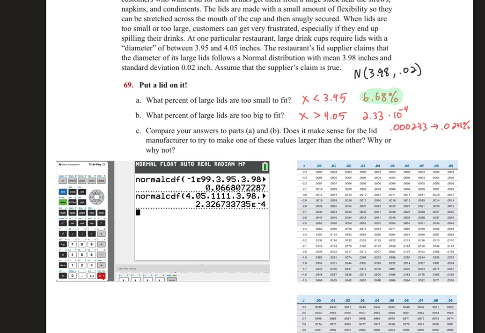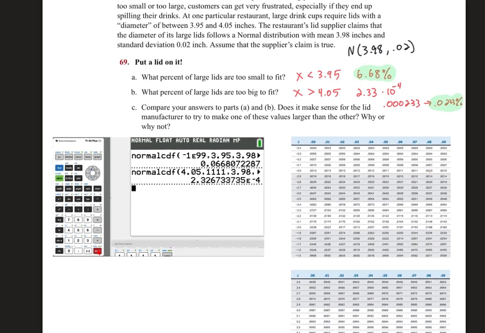So maybe realistically, you'd rather there be lids too small rather than too big. So maybe this is a good thing. There's a higher percentage that are too small, and not that many that are too big. So maybe they did that on purpose. So okay, you can just kind of write something like that.